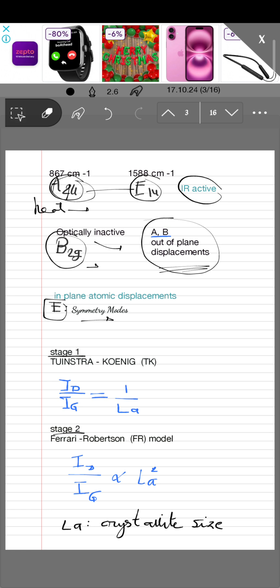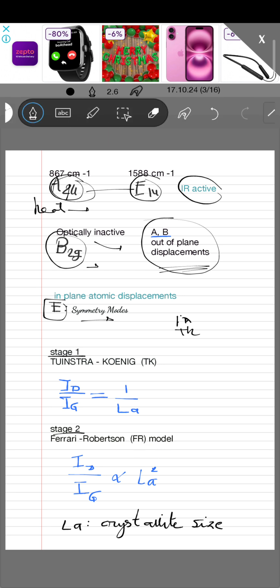Now, the Ferrari-Robertson model, the FR model, which was followed by another model called the TK model, these two models could explain the variation of crystallite size based upon the ID by IG intensity ratio. According to the TK model, this ratio ID by IG is inversely proportional to the crystallite size.